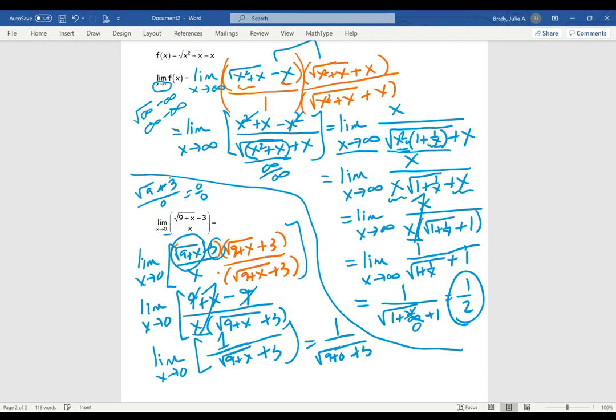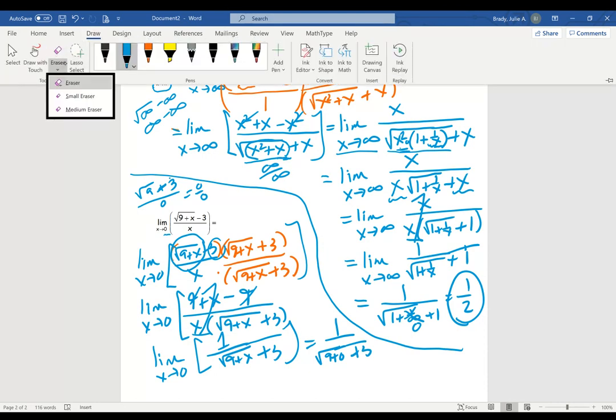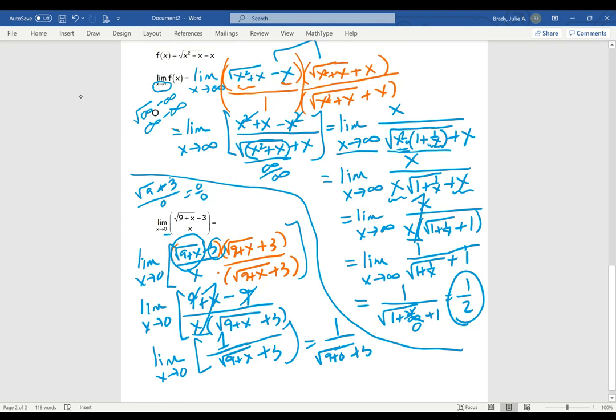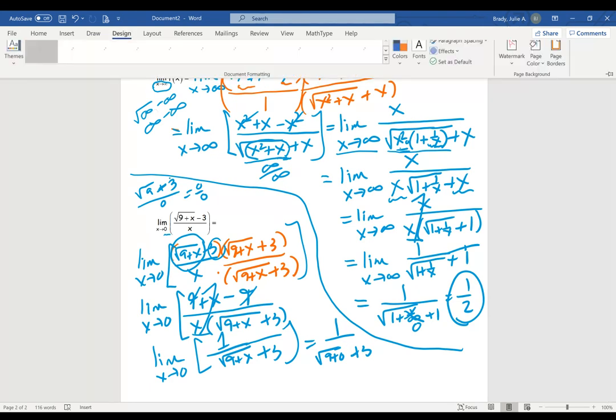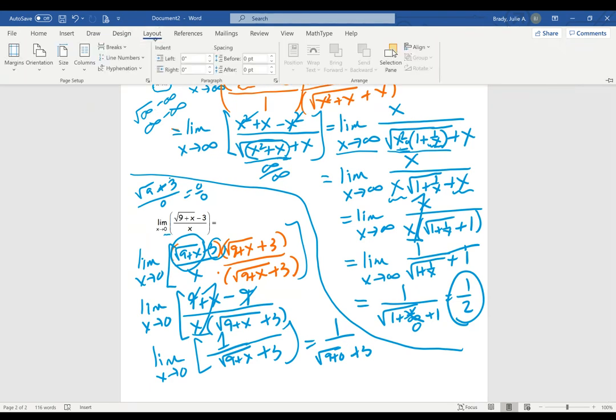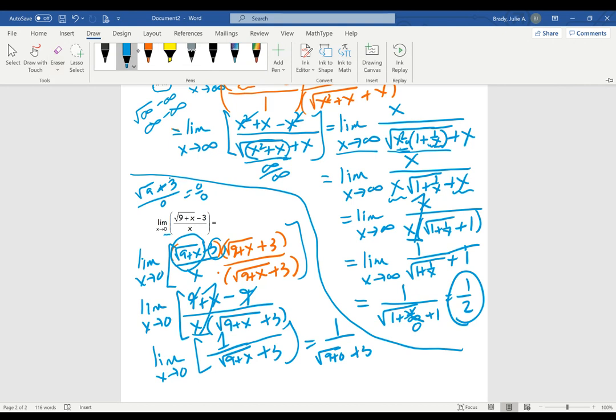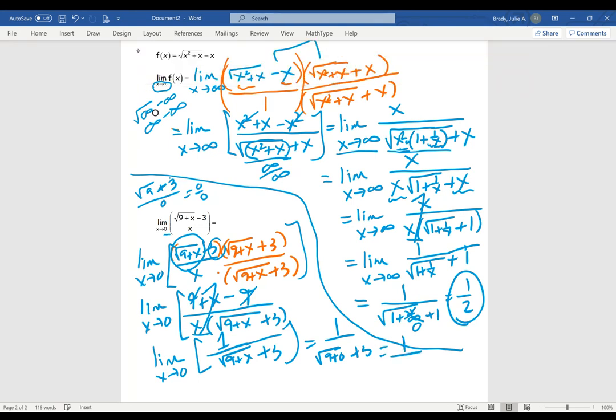Oops, get my eraser. Just this part's under the radical. Whew. Okay, so this is 1 over 3 plus 3, which is 1/6. And next year you'll learn that that's the derivative of the square root function at 9. Awesome.